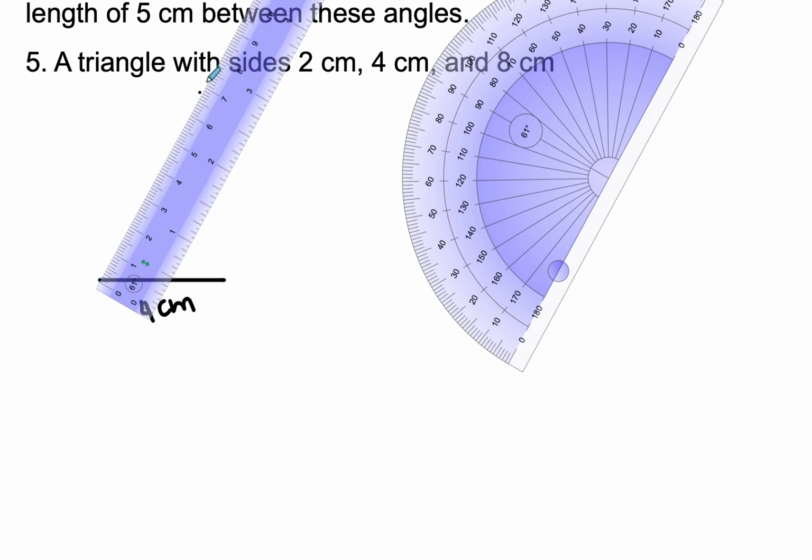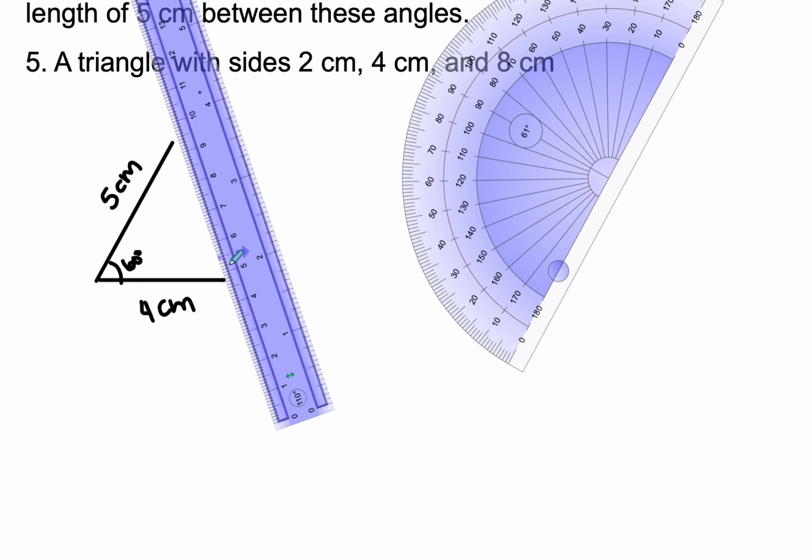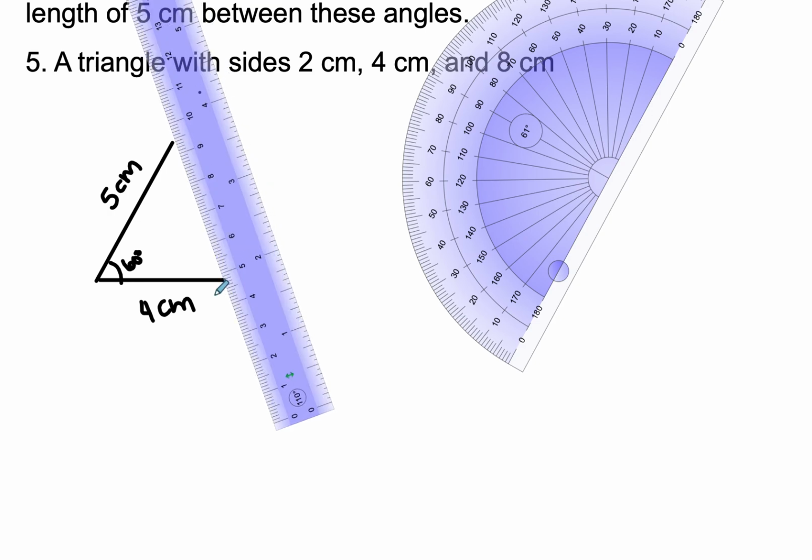Lining up the end of my line. Here I'm lining up with the centimeter side. Oh man. Okay, so 5 centimeters right there. This was 60 degrees. Then I am using my ruler to line up the other 2 sides. There we go. That was my triangle number 1.